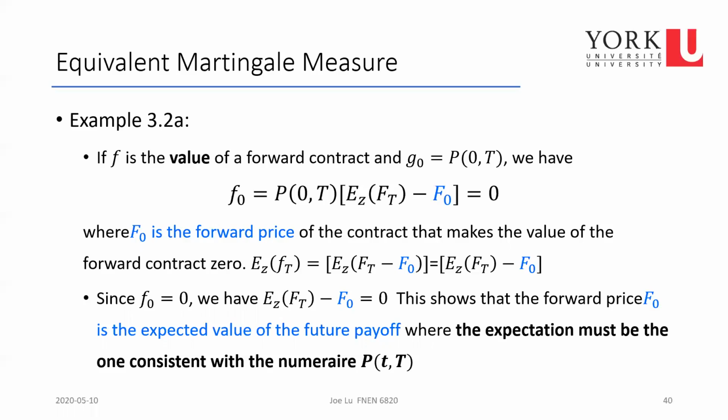Before, we needed to differentiate between the expected value under the real world and the expected value under the risk neutral world. Here, after we've talked about equivalent martingale measures, there's more than that. So every time we say expected value, we have to say what numeraire asset we have used, and then the probability measure has to be consistent with that numeraire asset.